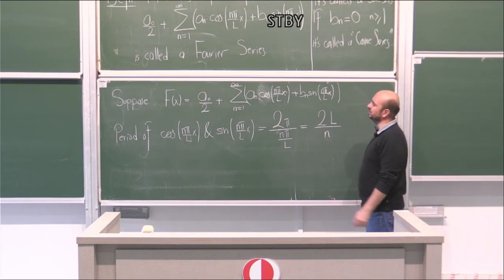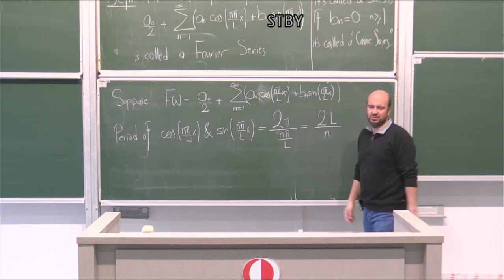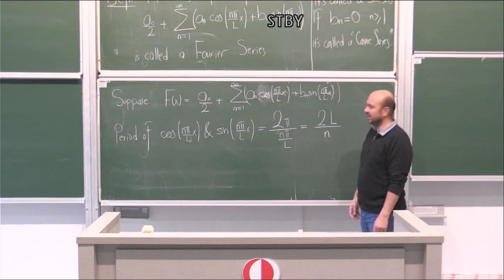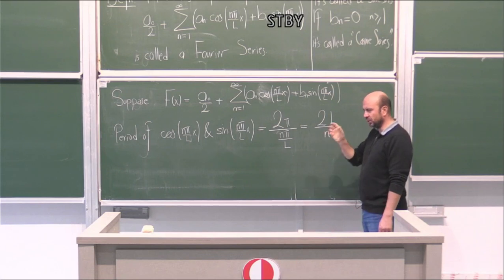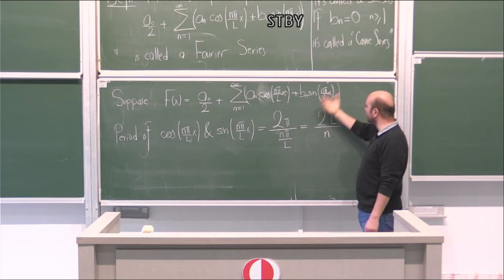But all of them actually have a common period, which is 2L. I mean, you are getting smaller periods as n gets larger and larger.